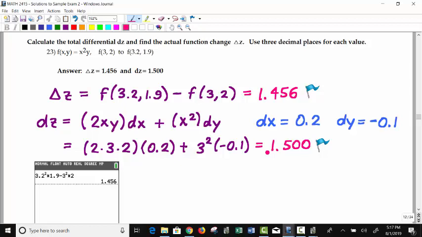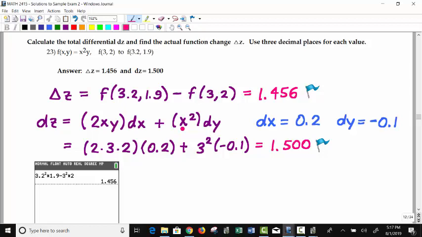Now for the total differential, dz will be fx dx plus fy dy. The derivative with respect to x will be 2xy. With respect to y will just be x squared, and the dx and dy represent the change in x and the change in y.